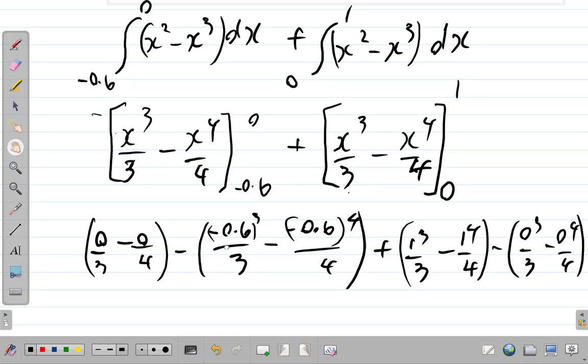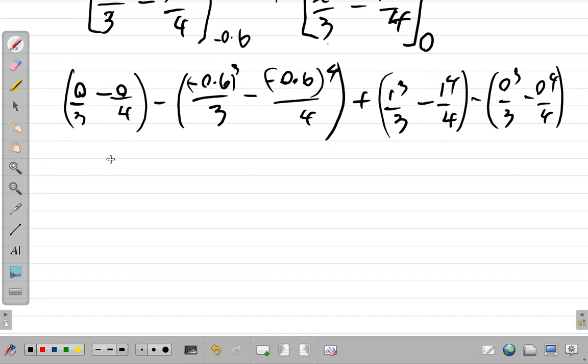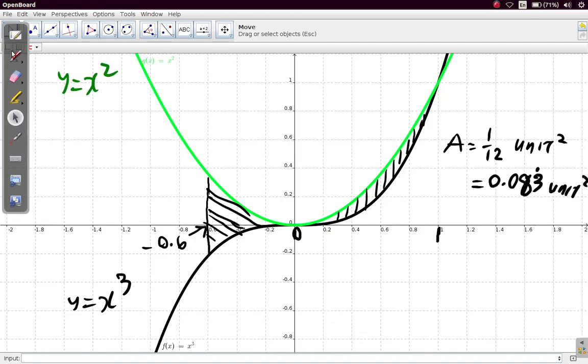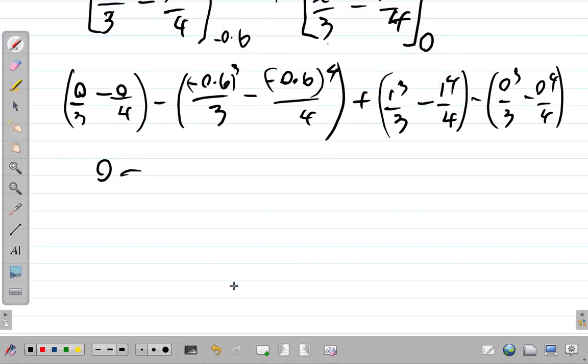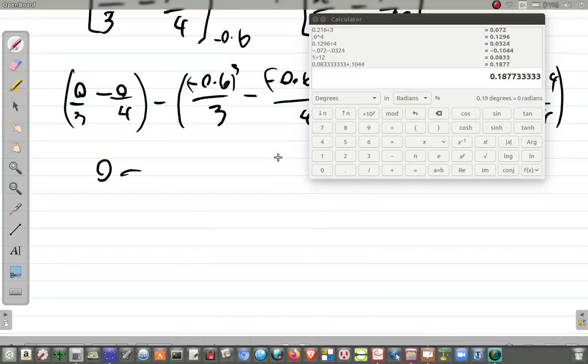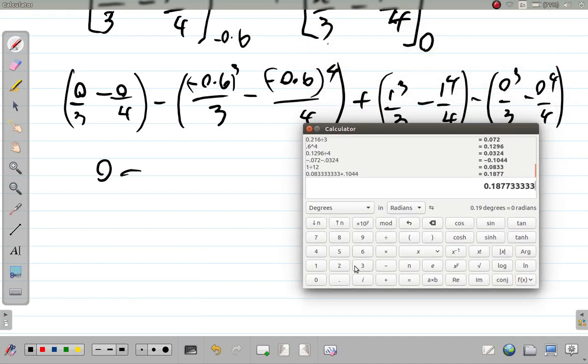Now let's see what you have. This will be 0 minus negative 0.6 cubed over 3. Let's calculate that. 0.6 to the power of 3 is going to be negative, because you have 3 different 0.6s that multiply, so the answer is negative.